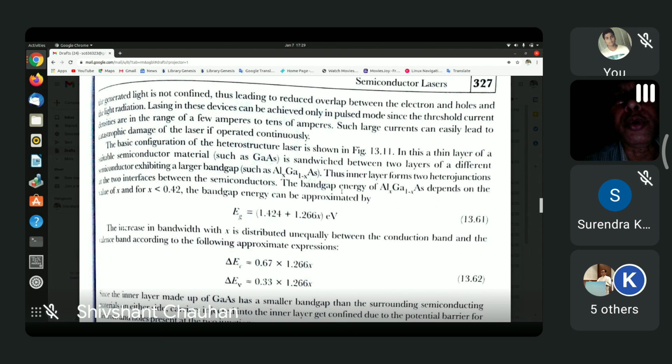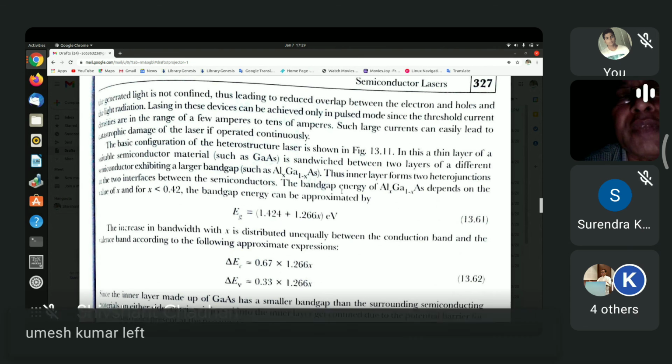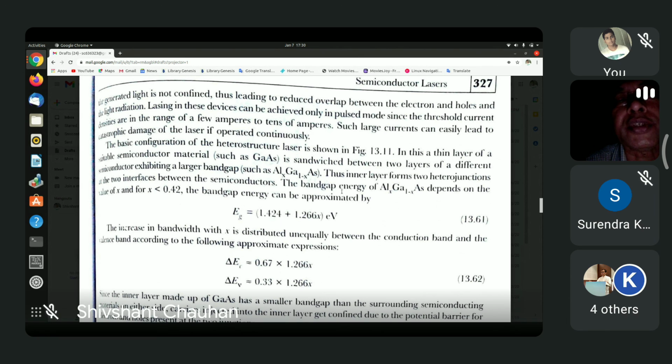And so if you change x, the shift in the energies, the shift in the position of the bottom of the conduction band and the top of the valence band will be as given in these formulas 13.62. The top of the valence band goes down and the top of the conduction band goes up.